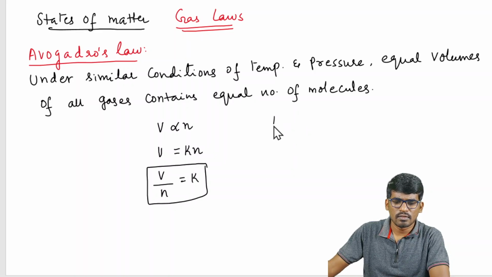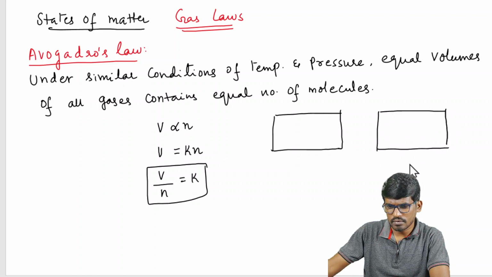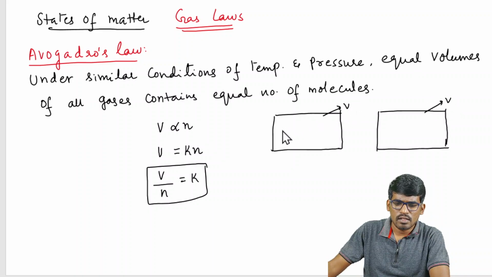See, let us say I have taken a container. Let us assume that it is a container of volume V, and it is also another container of volume V. In this, let us say I have taken ammonia gas, and in this also I have taken chlorine gas, Cl2.